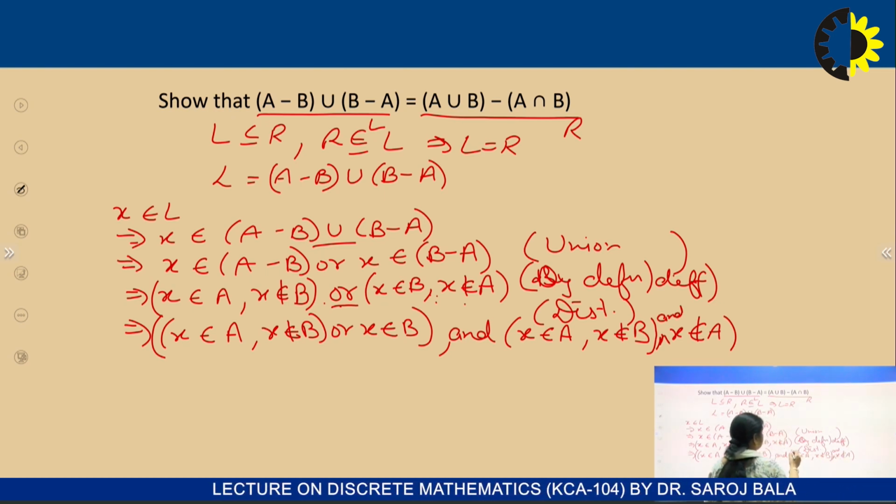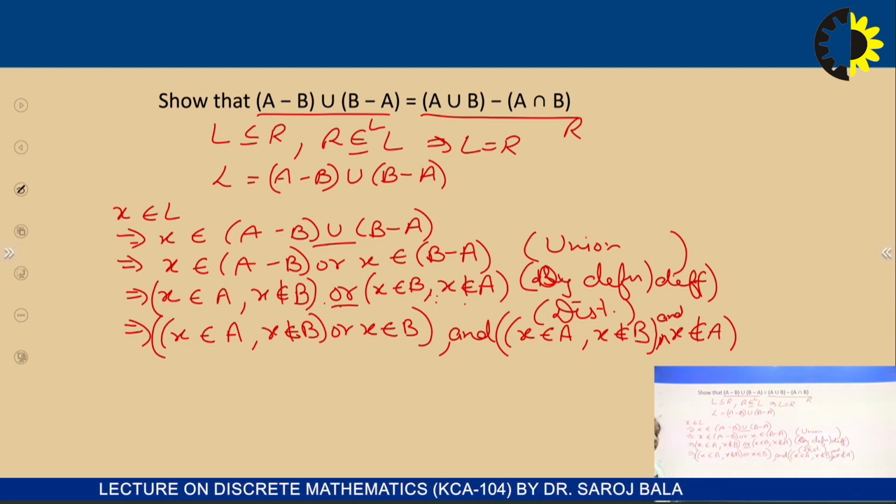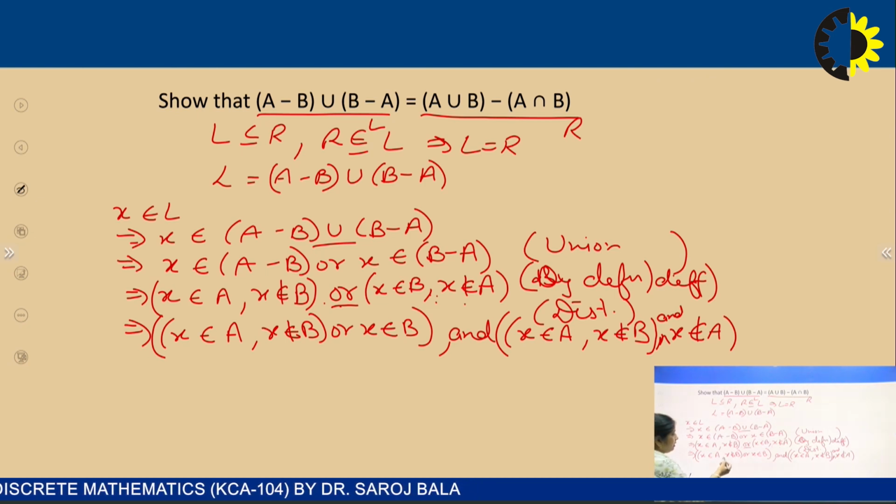Same. Now see what is there. X belongs to A and X doesn't belong to B, or X belongs to A, B. Again we can use the distributive property. So what we will write here?